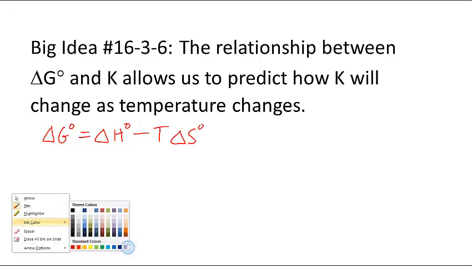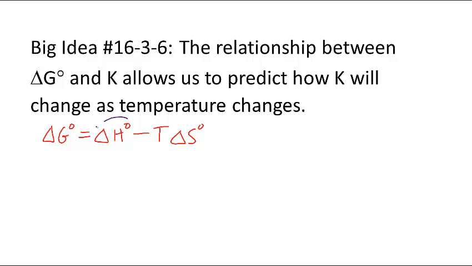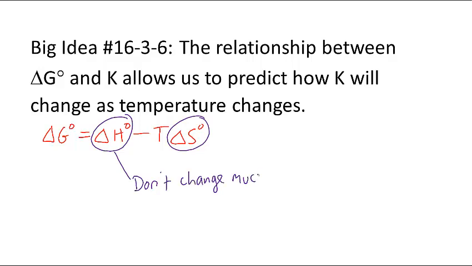And these two values here, delta H and delta S, these don't change much with temperature. So we treat them as pretty much constant values. But because there's temperature explicitly included here, as you change the temperature, delta G naught will definitely change.